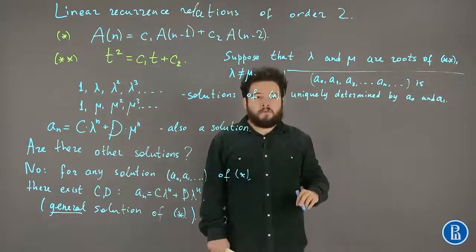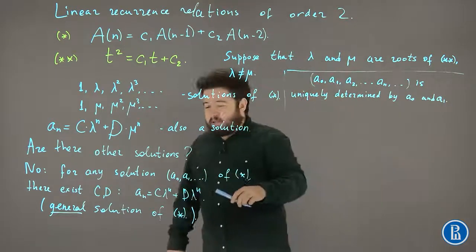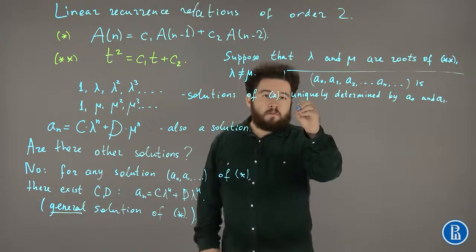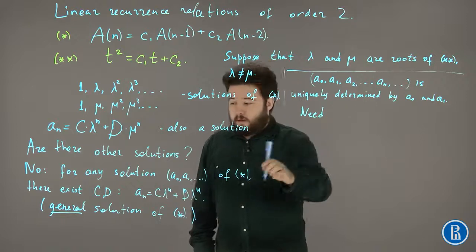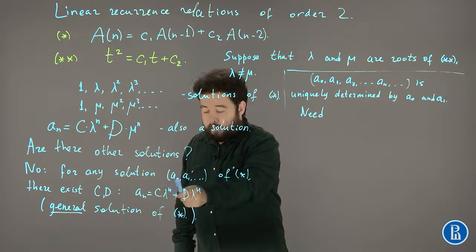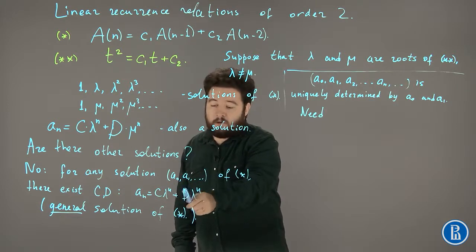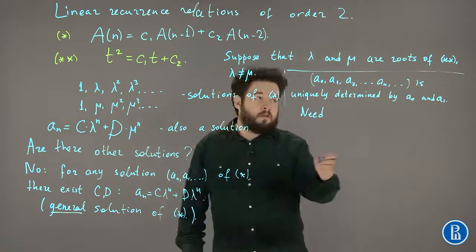Let us show that for any a0 and a1, there exist C and D such that a0 is equal to C times lambda to the 0th, that is just C, plus D times mu to the 0th. For n equals 0, this is just D as well.